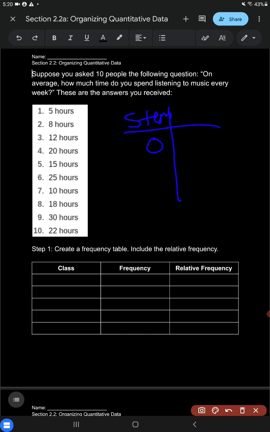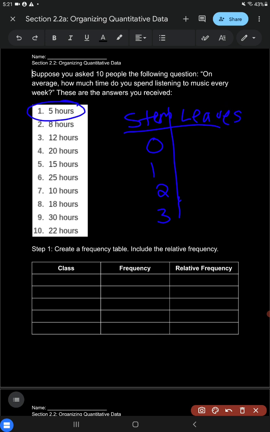I have some numbers that fall in the teens, so my stem is going to be a 1. I have some numbers that fall in the 20s, so my stem is going to be a 2. And then I also have some numbers that fall in the 30s, so I'm going to have a stem of 3. Okay? Then I would have my leaves.